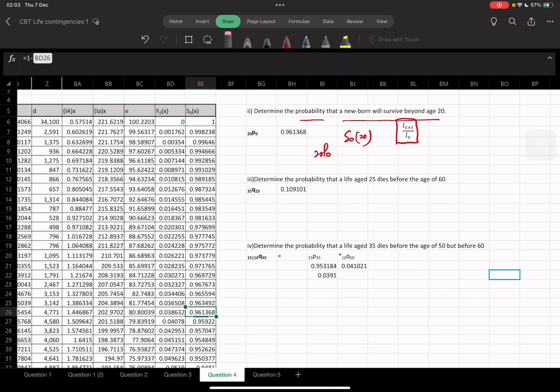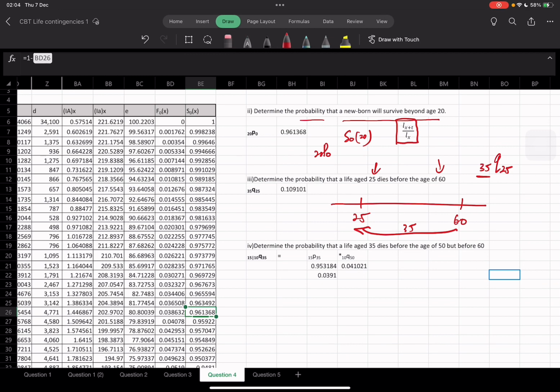For the next question, we need to determine the probability that a life age 25 dies before the age of 60. You can draw a timeline. At the age of 25, the person alive at age 25 dies before 60. From 25 to 60, that's 35 years in between. The person needs to die within those 35 years, which is 35q25.